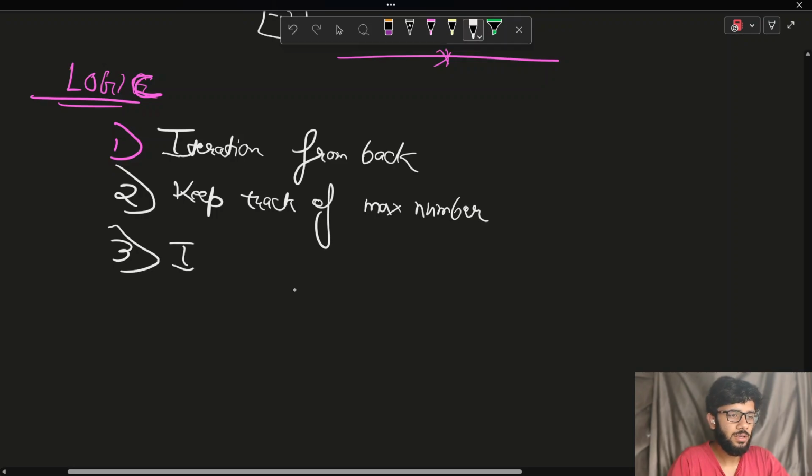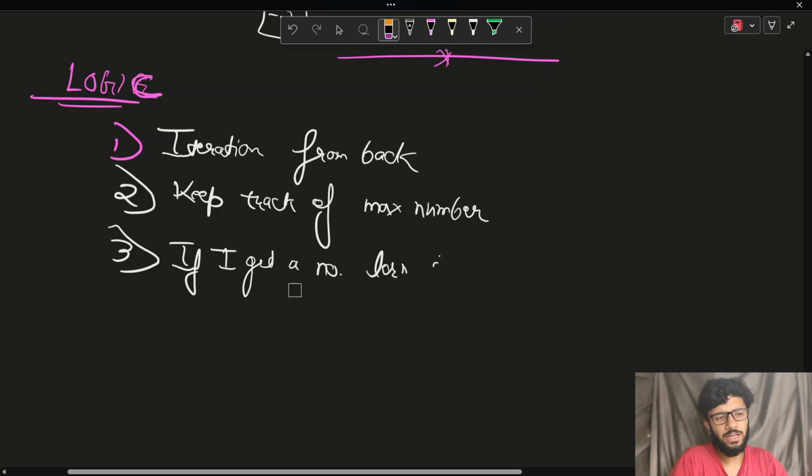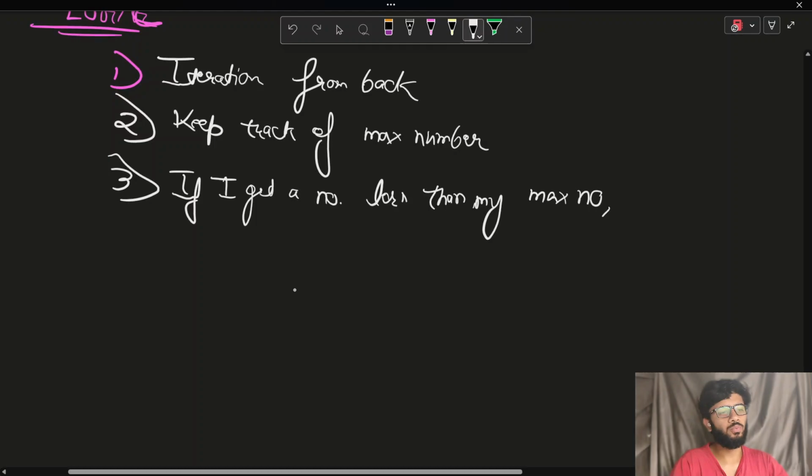Third one is, if I get a number which is less than my max number, in that case I have to find the difference of them.